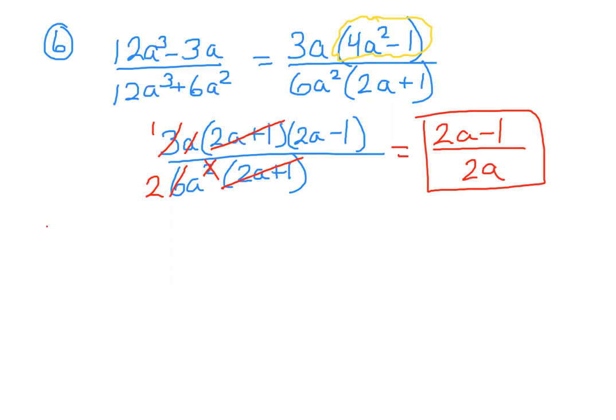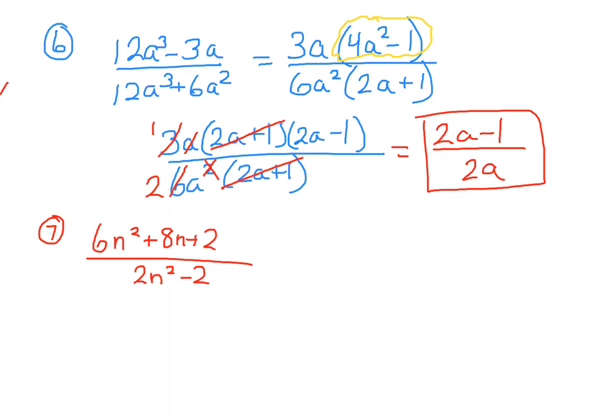Okay, let's look at number 7. Again, remember that if it's going to be helpful to you, go ahead and pause this and try some yourself, and then come back and see if you get the right answer. 6n squared plus 8n plus 2 over 2n squared minus 2. All right, let's start with the numerator.